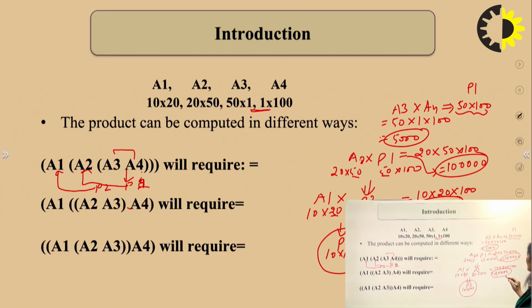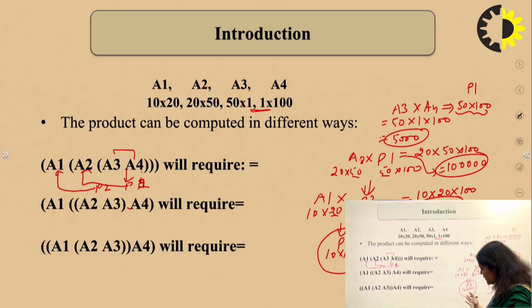If I add up all these operations together, then I have 5,000, and adding them up, you get around 12 thousand or more scalar multiplications in total.